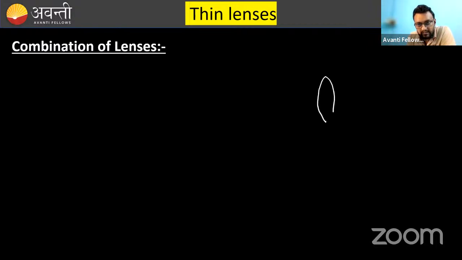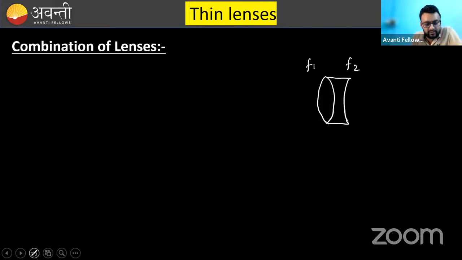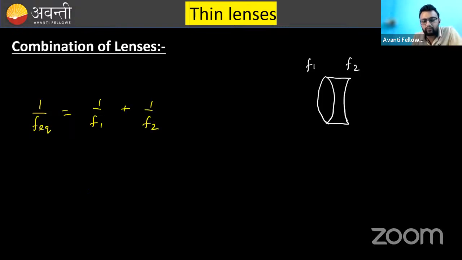For example, this is a lens. This is another lens. Two lenses are placed back to back in combination. The first lens has a focal length f1, the other lens has a focal length f2. Then what is the equivalent focal length of this system? The equivalent power of this system is 1 over f1 plus 1 over f2.